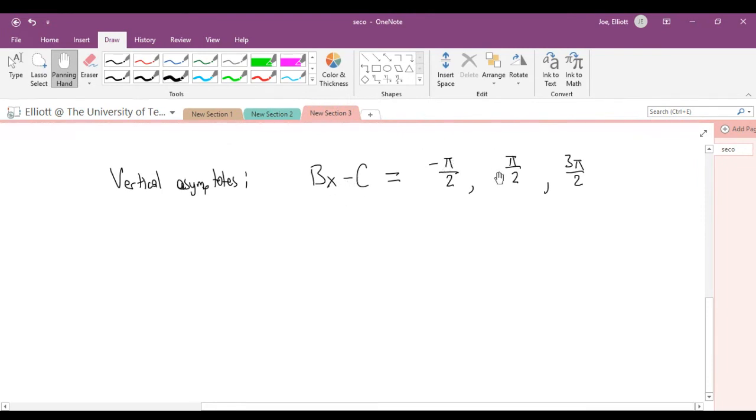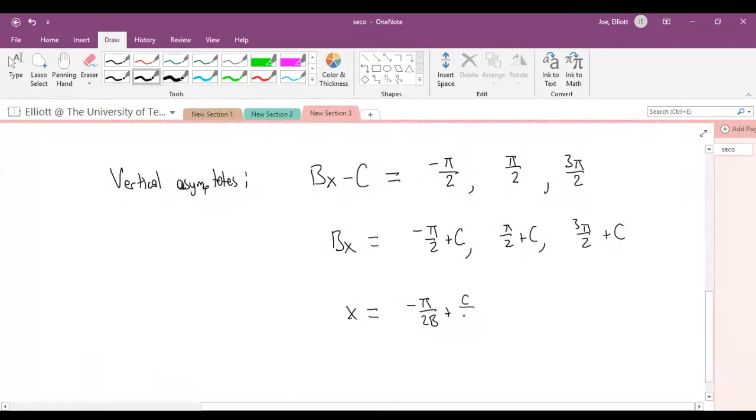So you'd add c to everything, and then you divide everything by b in order to solve for x. This would give you the equations of 3 consecutive vertical asymptotes.